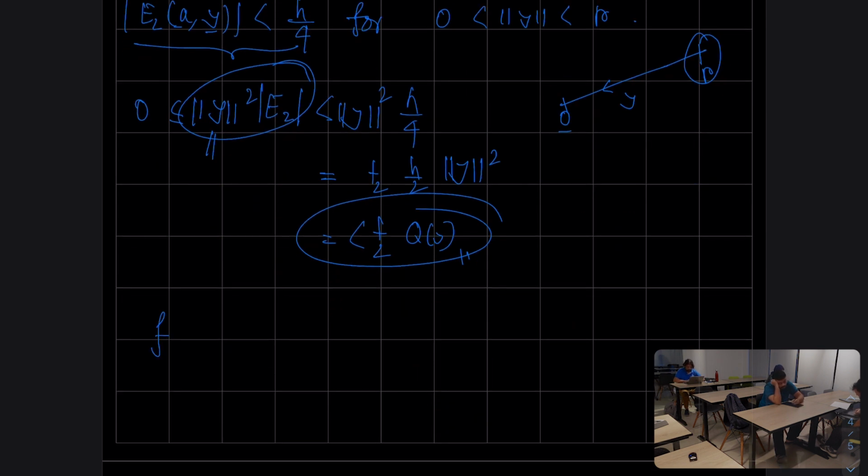Because now I'm just going to write down Taylor's theorem, however with a little bit of a change.